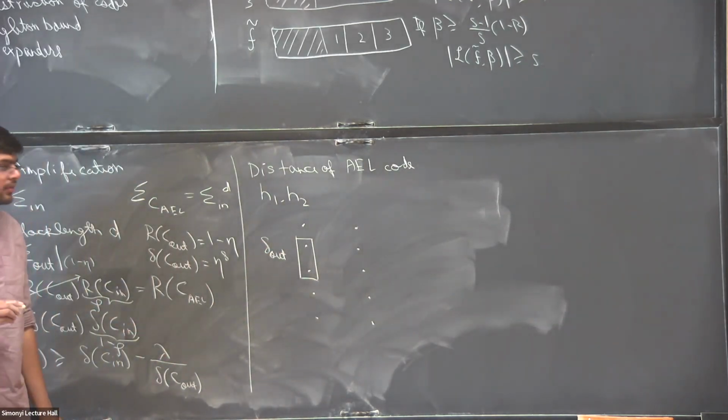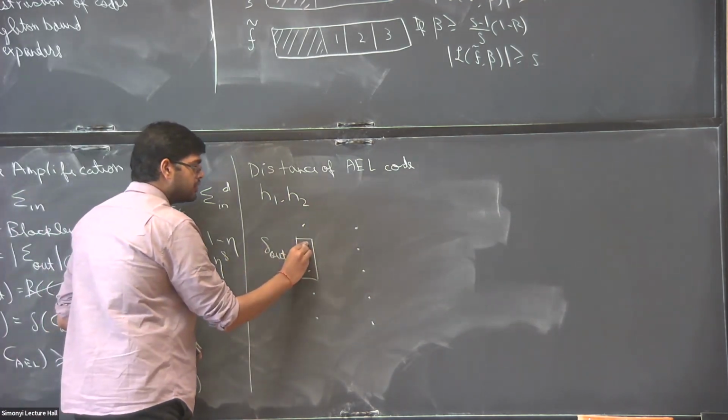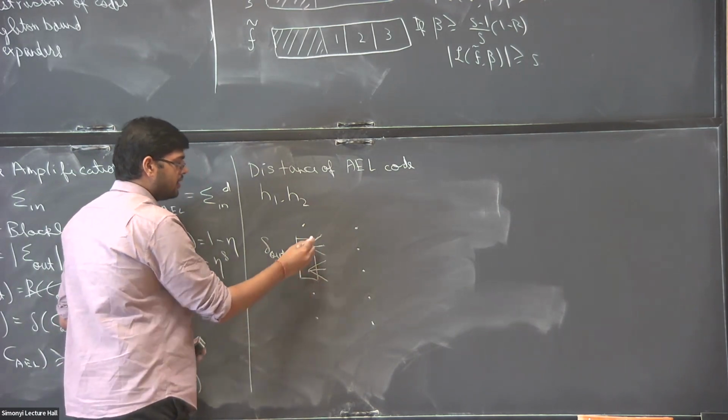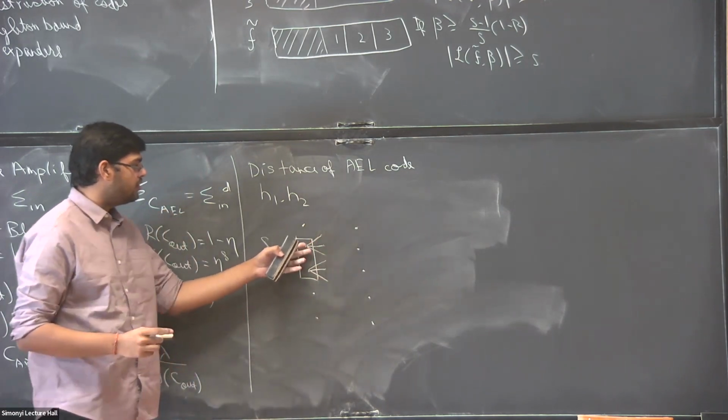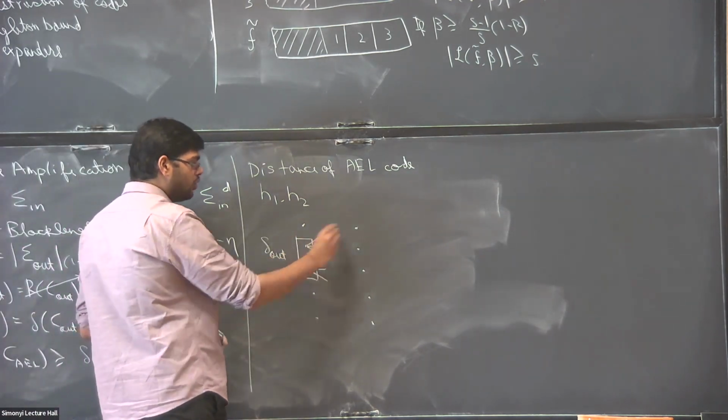Whenever they differ, because of the inner code's property, some delta n fraction of these neighborhoods also differ. And the hope is that they go all over the place here.